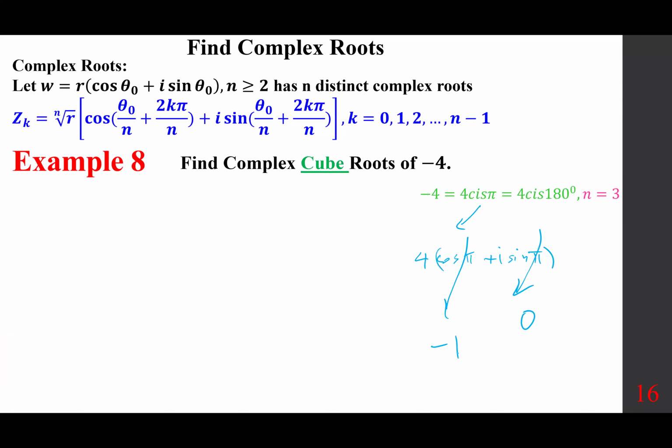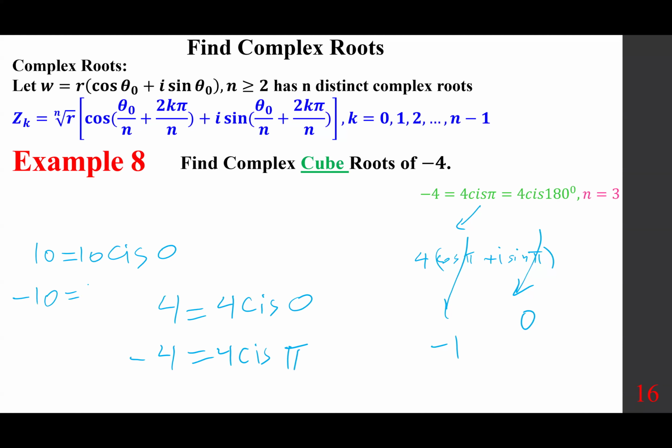So if you have a positive number, let's say 4, then it will be 4 cis 0. If you have negative, you have 4 cis pi. If you have 10, it's 10 cis 0. If you have minus 10, it's 10 cis pi. Just to give you an idea.